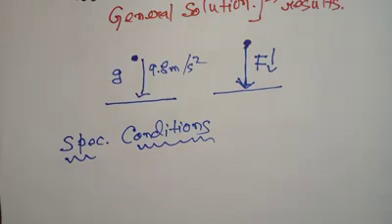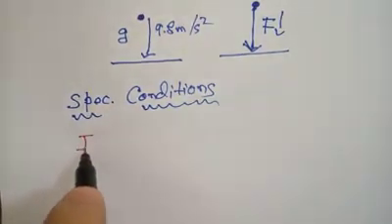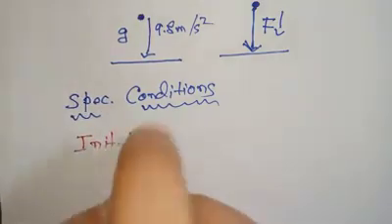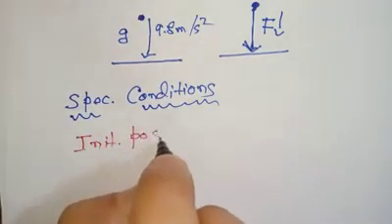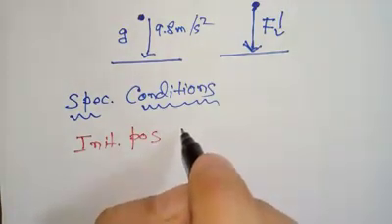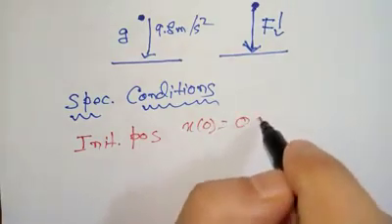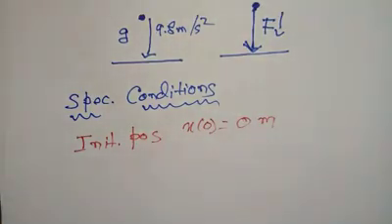Let me give you something like this. We find that there is an initial position, whether it's a ball or something, that is x at 0, it's 0. It can be in meters.